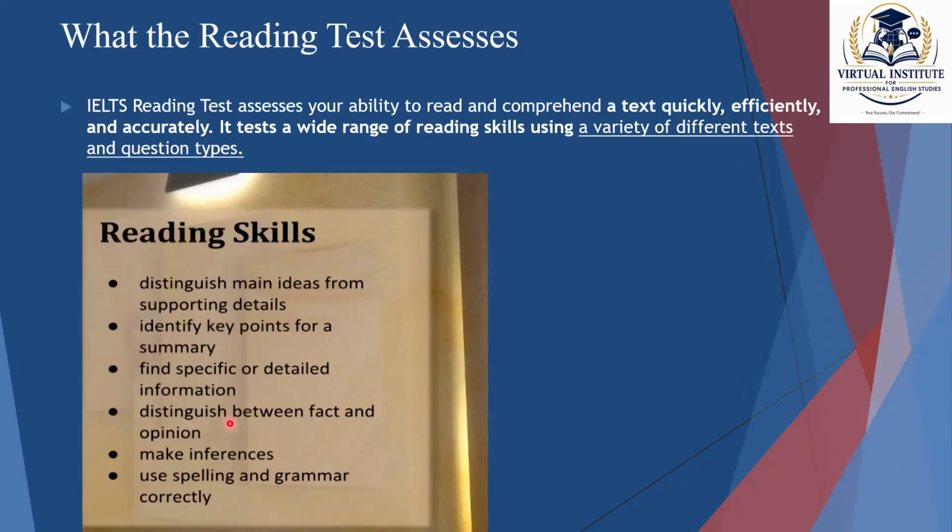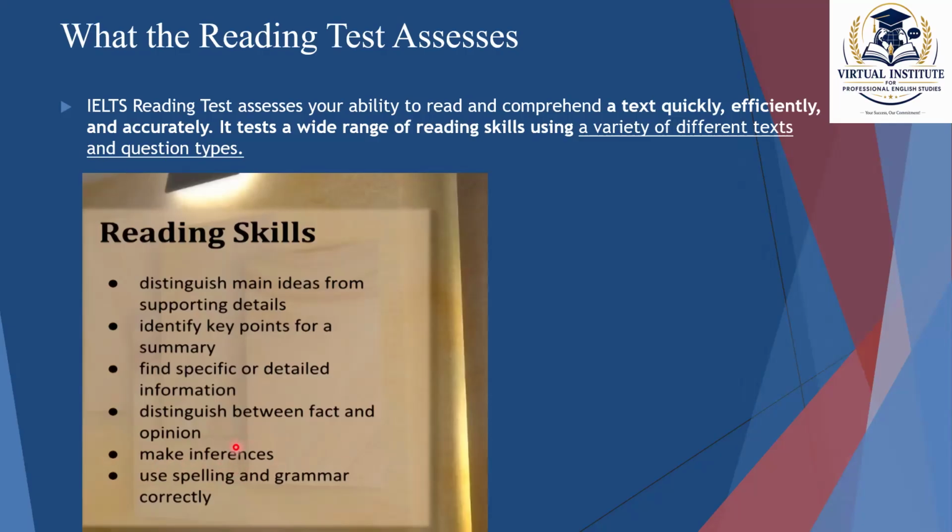You should also, as a reader, be able to distinguish between fact and opinion, as we understood the difference between fact and opinion in our listening part. The same applies to the reading part as well. While reading a text, you should be able to differentiate where the fact is and where the opinion is, right? You should also be able to make inferences. Now, what is inference?